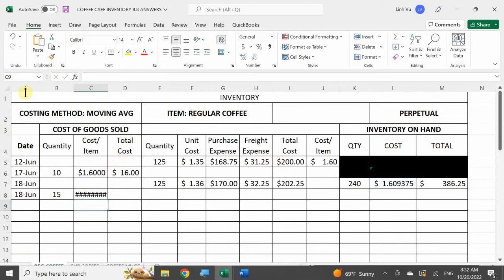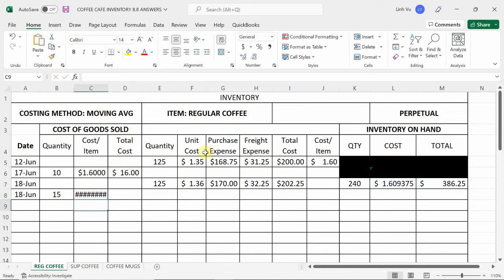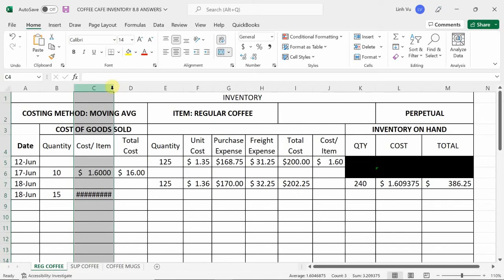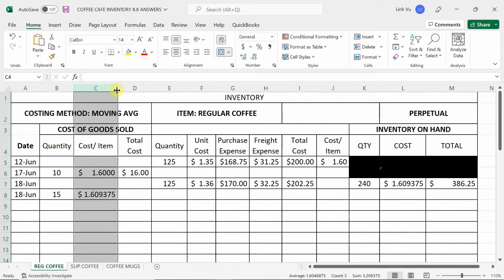And then I'm going to go ahead and we have space for it. I'm going to calculate this, so equal, round.